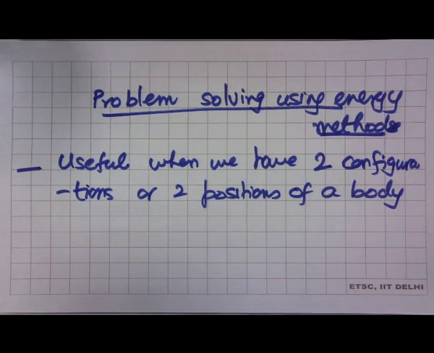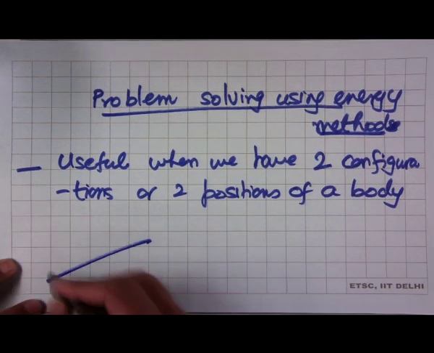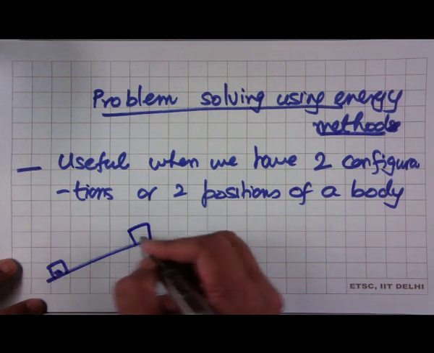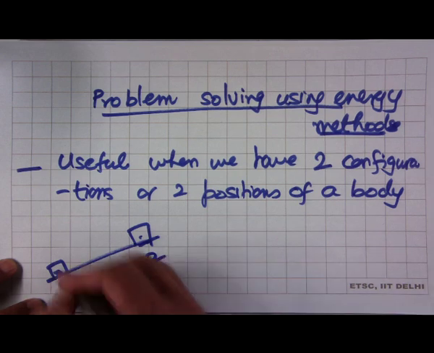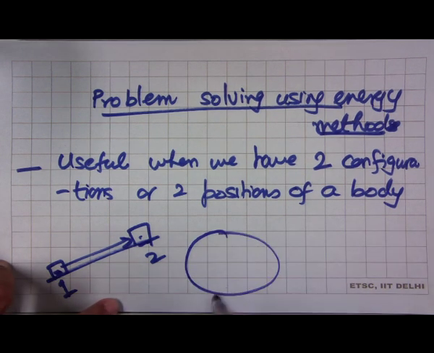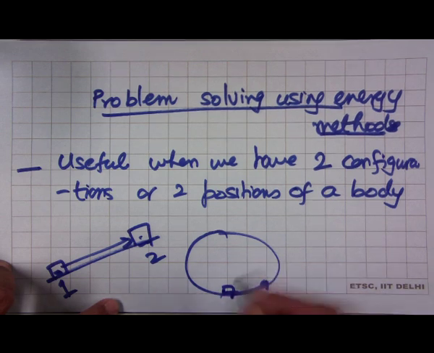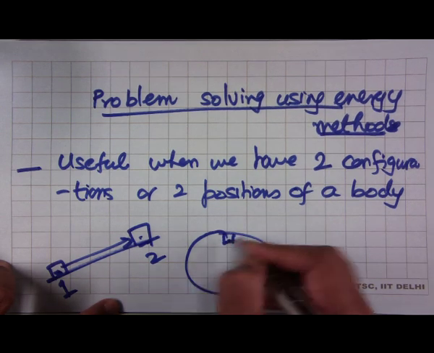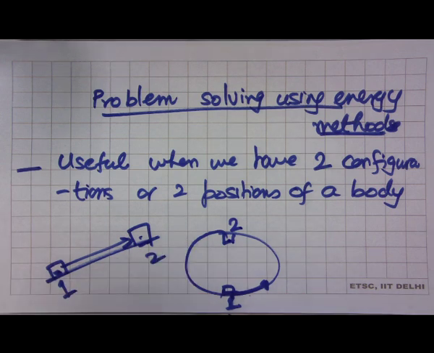By two positions, so for example, I have a block which is travelling on the incline, it is at position 1, it travels up to position 2. Or it could be a block moving on a circular track, this is position 1, when it moves to the topmost point, this is position 2.